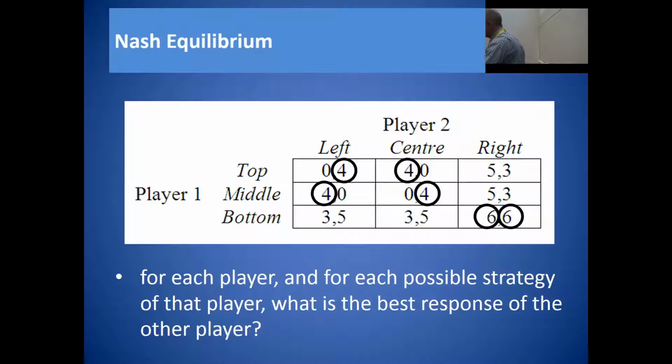And if you think about our definition, that should be plainly obvious. We said in a Nash equilibrium, all players are choosing optimal responses. And we've denoted those circles as an optimal response. So there's only one combination here where both players are choosing optimal responses, best responses.